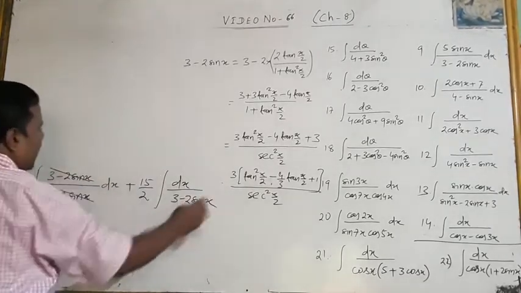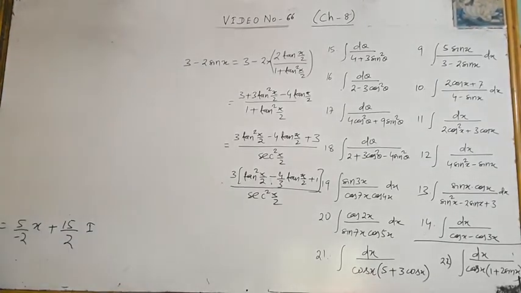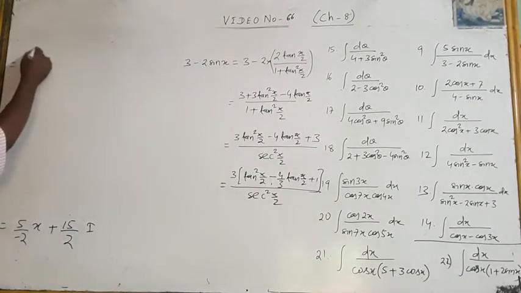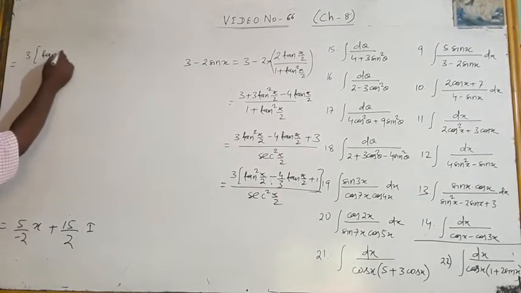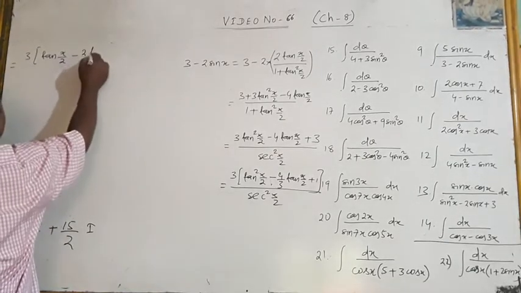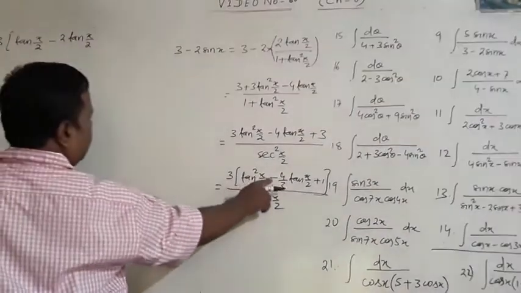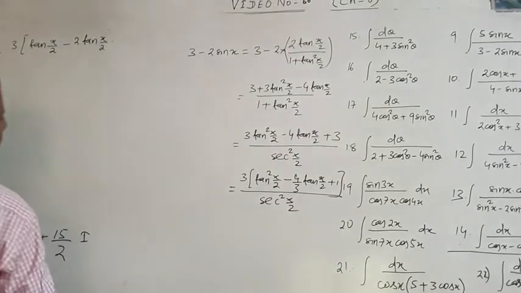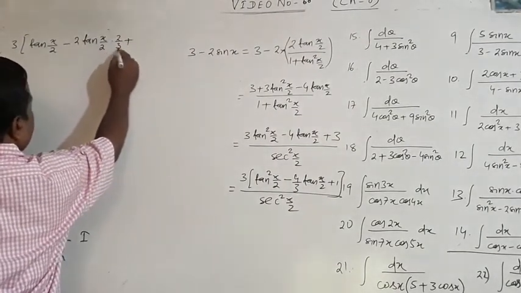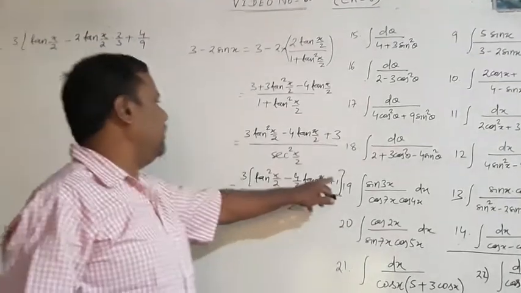I am just simplifying your 3 minus 2 sin x. Then make it a complete square. It becomes 3 tan x by 2 minus 2 into tan x by 2 into what? So that it becomes 4 by 3, means you have to multiply again 2 by 3. Take the 2 by 3 whole square, that is 4 by 9. And the last it will be 1.